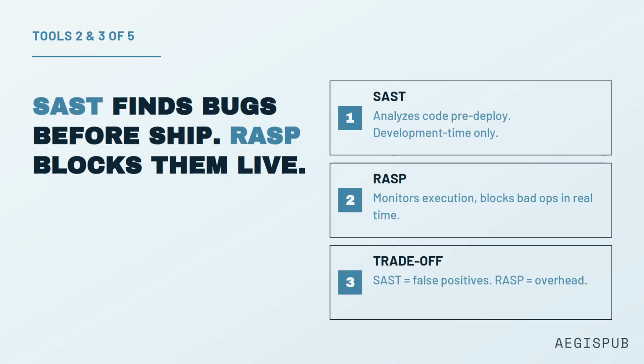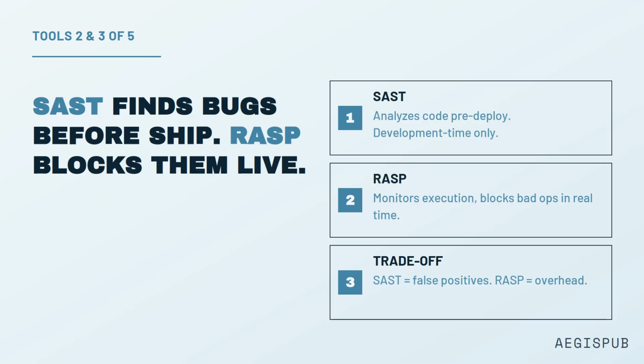A static application security testing tool analyzes source code without executing it, looking for patterns that indicate security vulnerabilities, calls to deprecated functions, unsanitized input reaching SQL construction code, missing validation checks before data flows into sensitive operations. SAST is powerful because it finds vulnerabilities at the code level before the application is deployed.